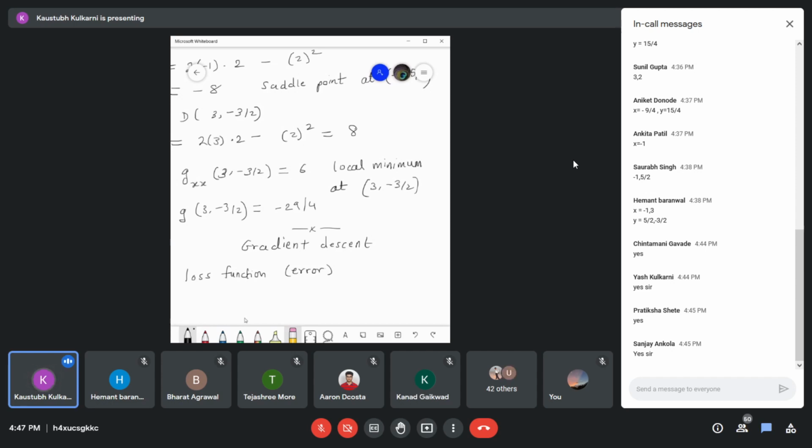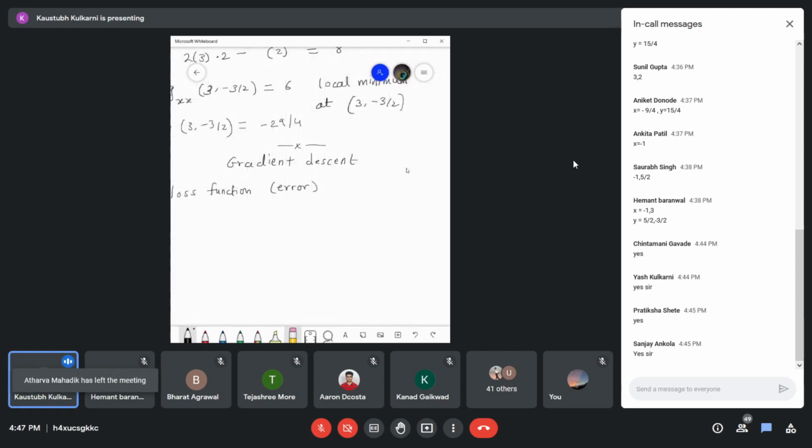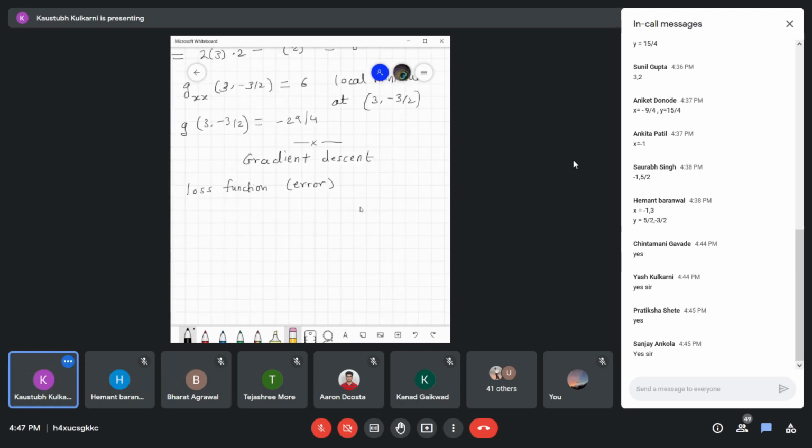Now generalizing to the case where there are multiple variables. I'm introducing this terminology here, and I'll also explain why. So let's say y is your variable of interest, and there are multiple variables on which y depends.